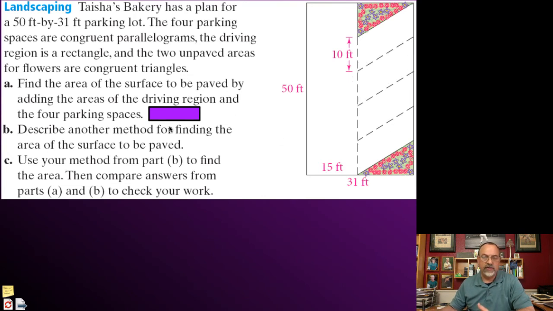Now, I don't know if that's what this question is asking for. I'm just using that as an example. Take the entire figure, divide it into triangles and parallelograms, find the area of each one separately, and then add those together. That will give you the total area. And that's going to be a concept that you're going to want to use later on when we talk about surface area.